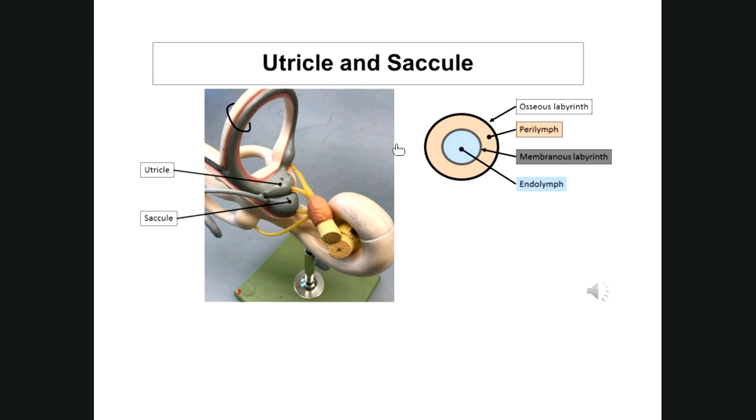It goes all the way around the membranous labyrinth. Inside of the membranous labyrinth is another fluid called endolymph. E-N-D-O-L-Y-M-P-H. Endolymph, fluid within. So it's the fluid inside here. So there's two fluids. The perilymph is between the osseous and membranous labyrinths, and the endolymph is inside of the membranous labyrinth.